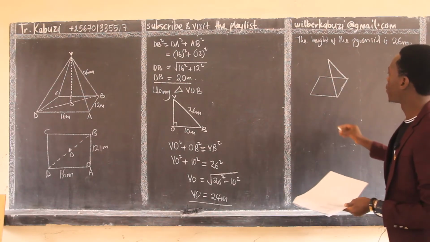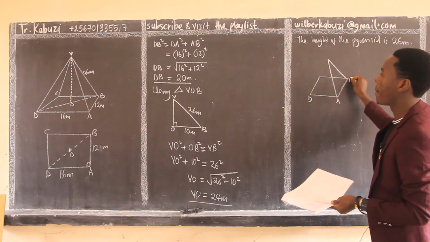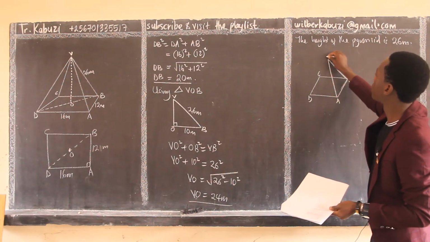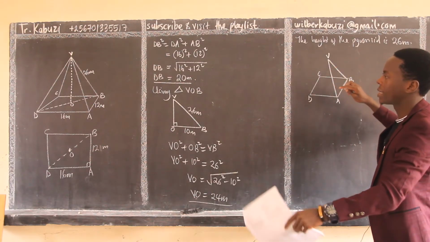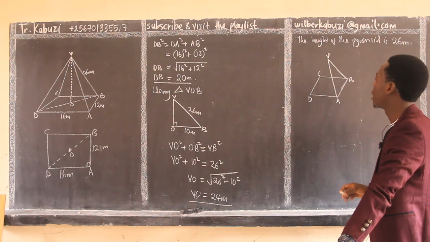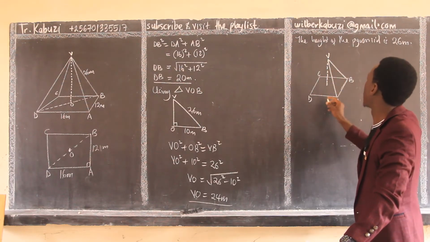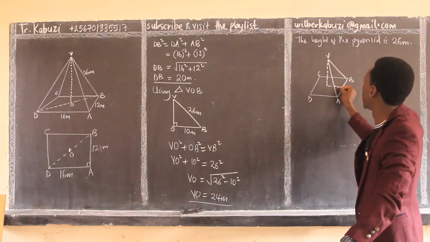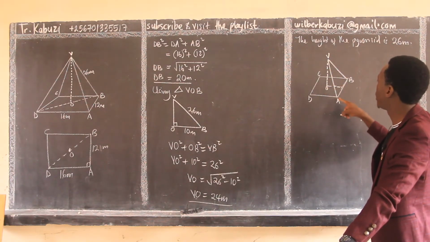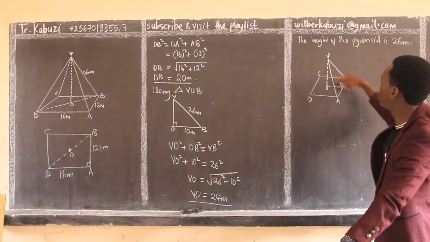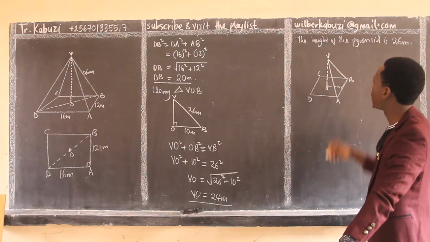Now, remember this is my D, A, B, C. This is my V. I'm going to get the angle between this and the base, because I can get this and I have this already.